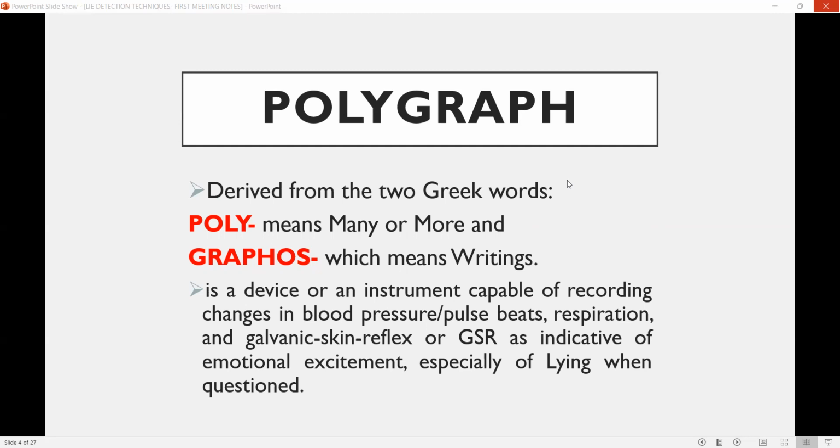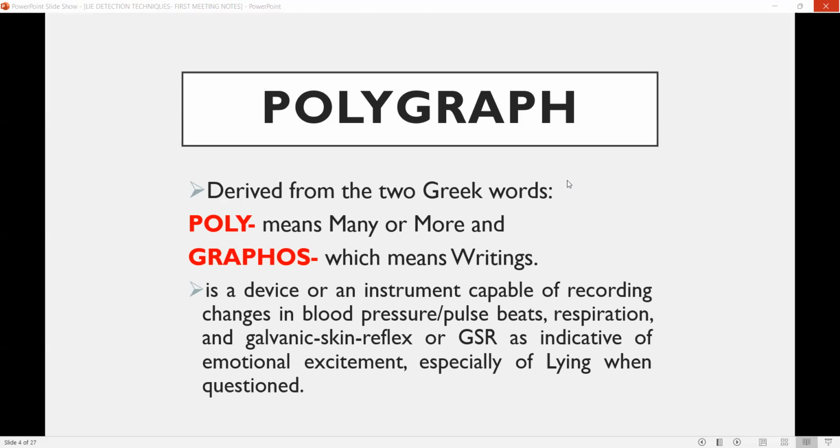So tracings are recorded. Again, tracings are recorded which can be viewed and printed in your monitor. Okay, so let's just say the subject is being questioned by the polygraph examiner. Let's just say again, he is attached to the pneumograph, cardiosphygmograph, and galvanograph.